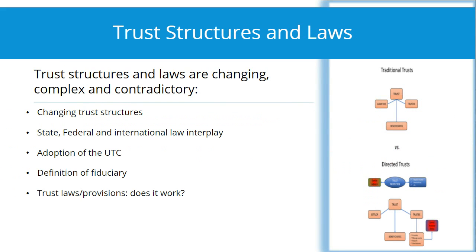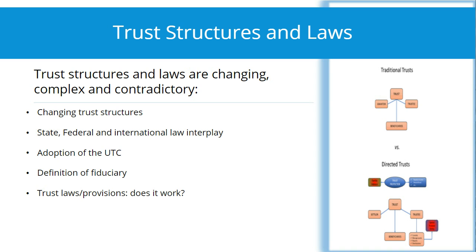Trust laws and structures are changing and are complex and contradictory. There's a movement from traditional or delegated trusts to directed trusts. This is evidenced by trust companies in South Dakota alone growing to more than 100 administrative trust companies over the last 20 years.